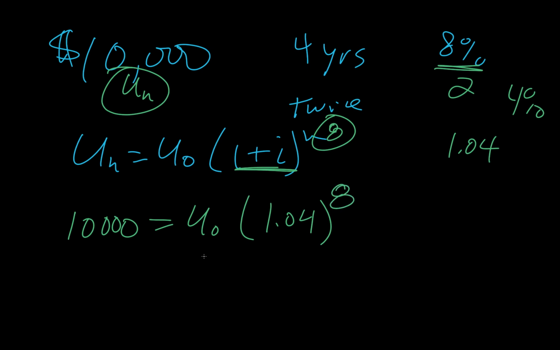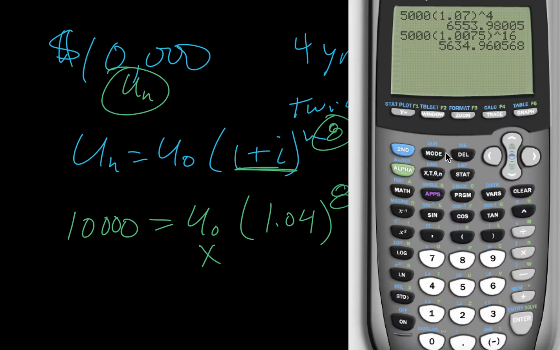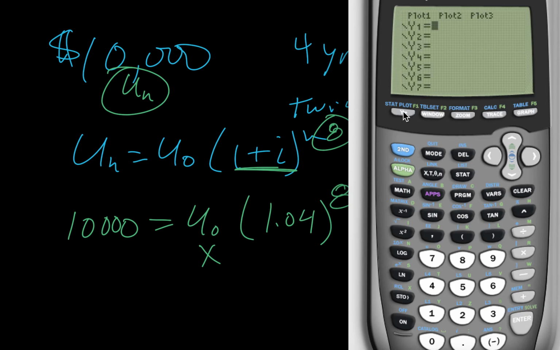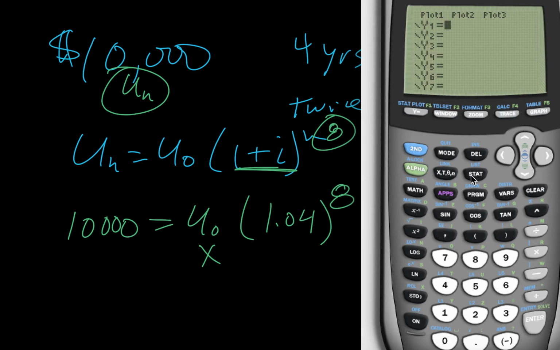Now, in our calculator, we're just going to call our u naught an x, but since we haven't learned how to do this algebraically yet, we are going to just use a graphing calculator. And so once again, we type in 10,000, because that's the left side of the equation. Type in the right side, which is going to be x times 1.04. Close that, raise it to the 8. And then we want to change our window.